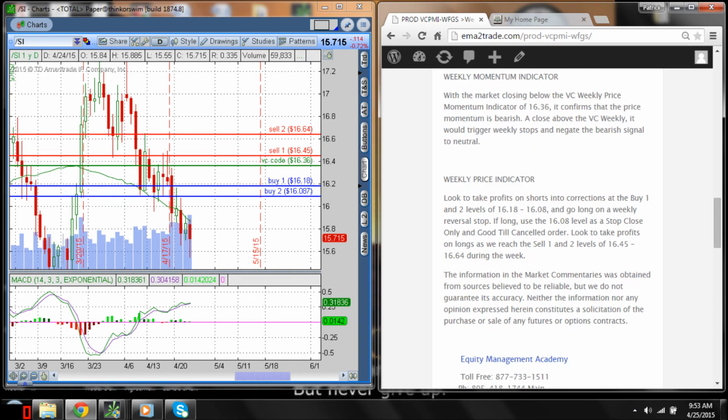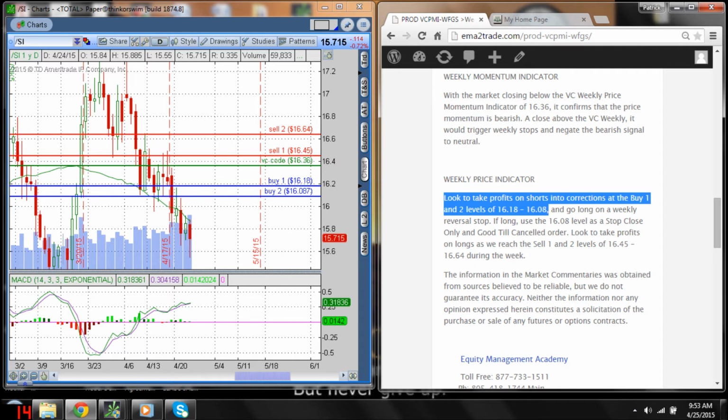Now, by the fact that the market came down below 1636 and 1644, it activated the lower levels of buy one and buy two, and it told you here to look to cover your short positions between 1619 and 1608.